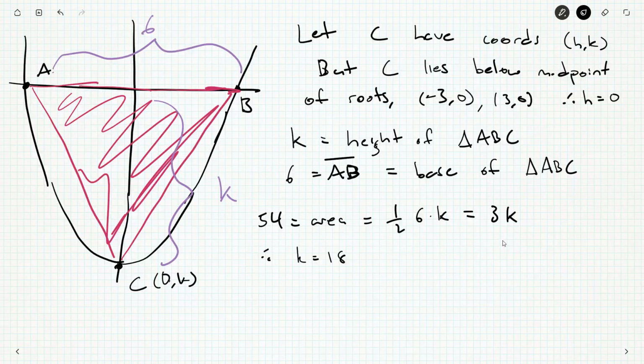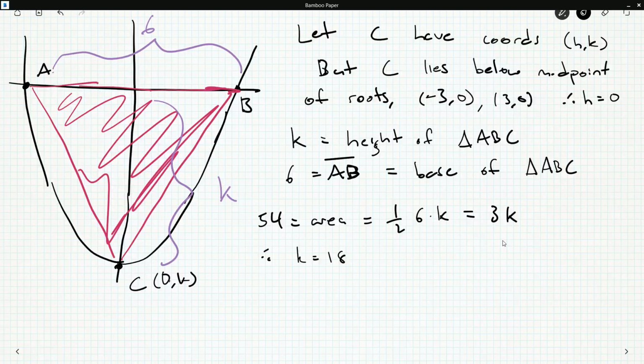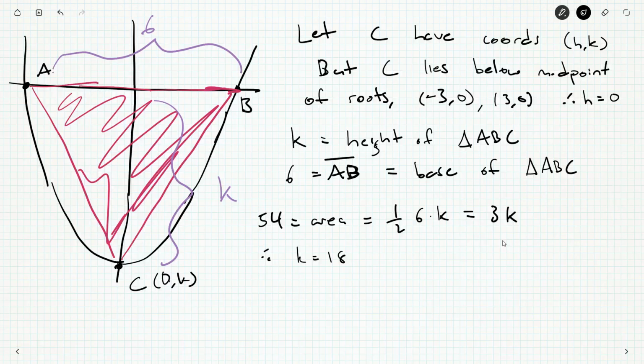If I wanted to, I could put this thing in vertex form now. And they don't specify it, right? They don't say determine the equation, just determine an equation. Now I've got the vertex, I can specify it in vertex form. So vertex form is y equals a times (x minus h) squared plus k. Well, I can fill in most of this.